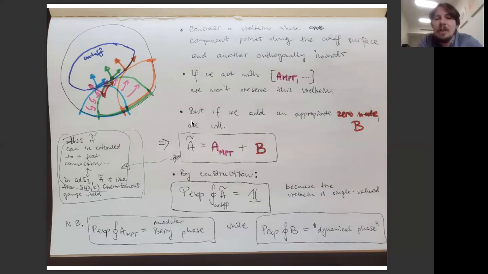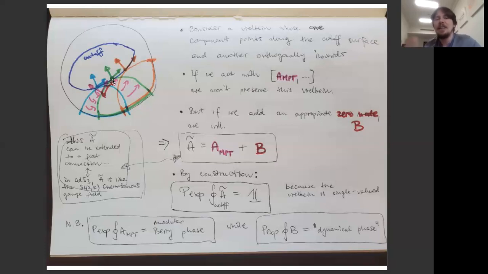So this vielbein is not preserved by the action of A, but it almost is, because if I just allowed myself to do this extra shift, then I would shift this point to that point and everything would work. This is a zero mode of the modular Hamiltonian, because this is a translation along the RT surface.